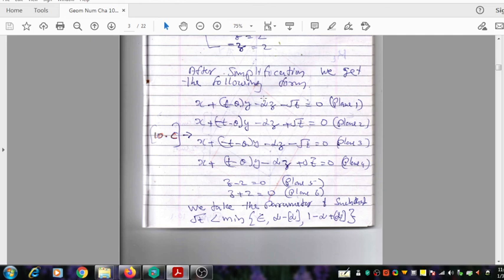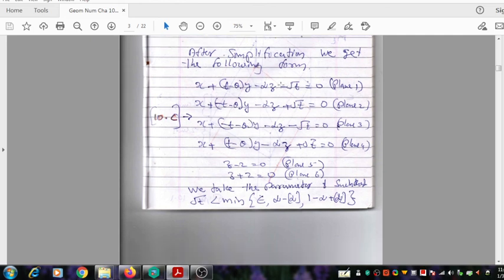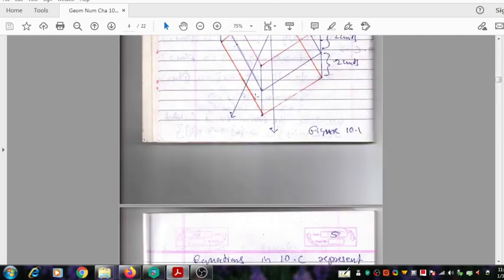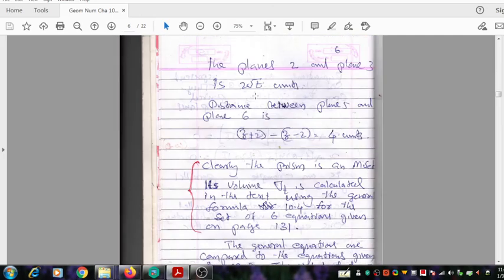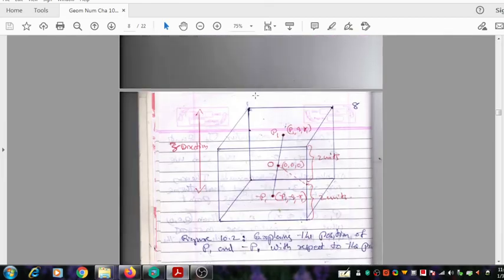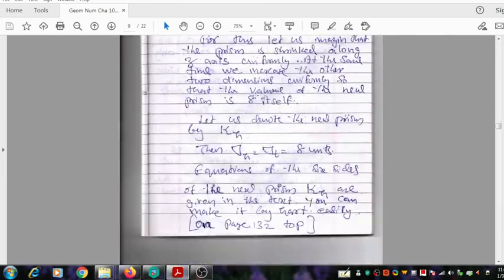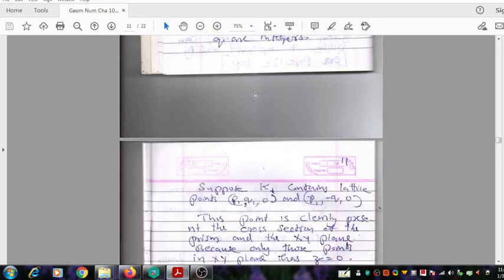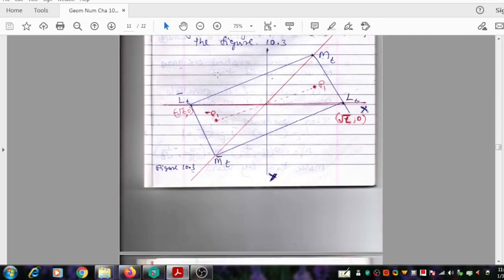This way you obtain four equations, which are the equations of the lines that make the boundary of the parallelogram in the last figure that we saw.